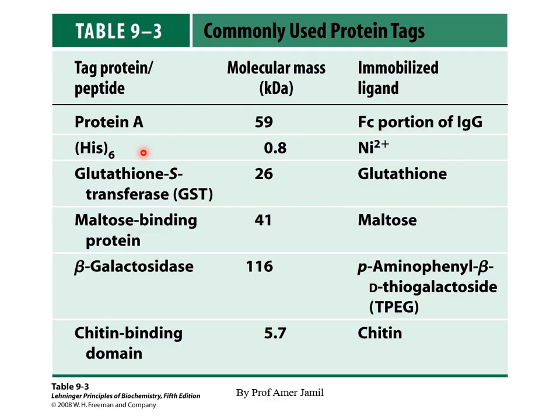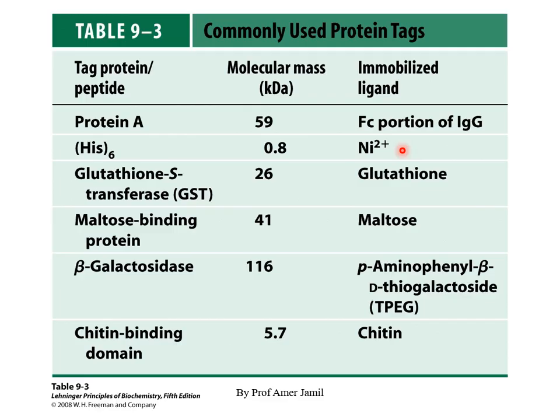And when we want to purify our recombinant proteins, our column will be filled with nickel. So the protein along with 6 histidines will interact with the nickel, and all the remaining proteins will be eluted out. And when we change the buffer conditions, our recombinant protein along with the tag will come out of the column.